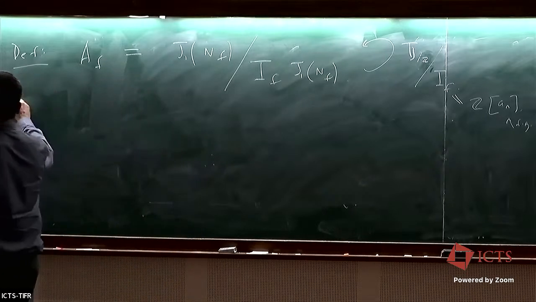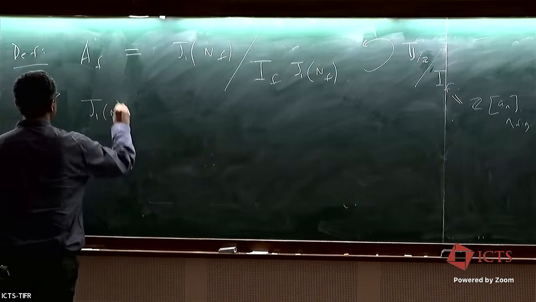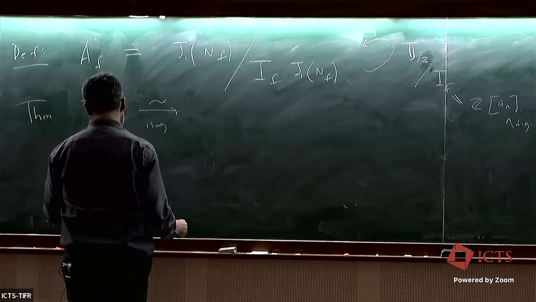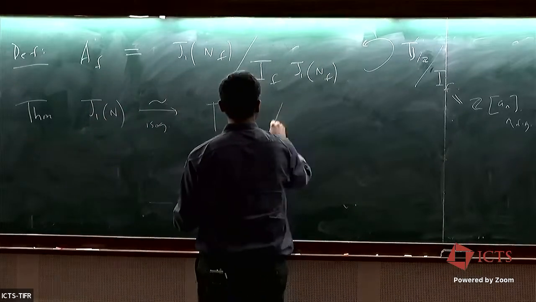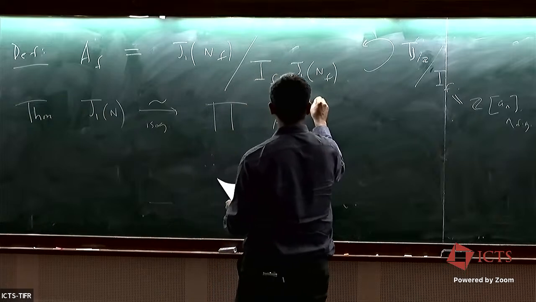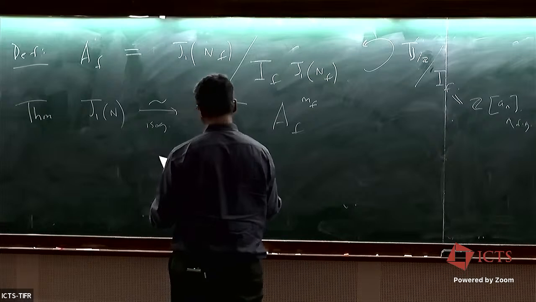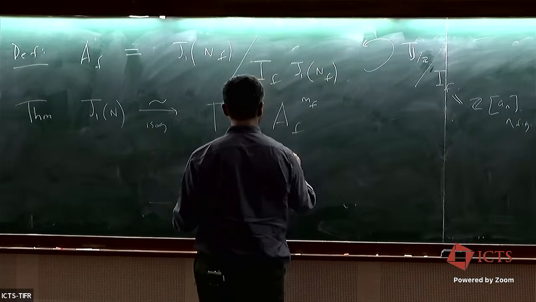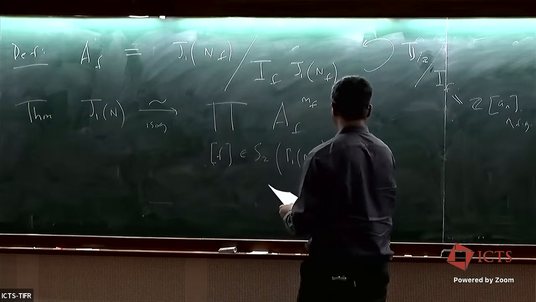And the theorem, which is proved in Shimura's book, is that J1(N) is isogenous, or isomorphic, to a product of these A_F, but with some multiplicity. So first of all, you don't take all F's, you take F in S_2(Gamma_1(N_F)) new part.